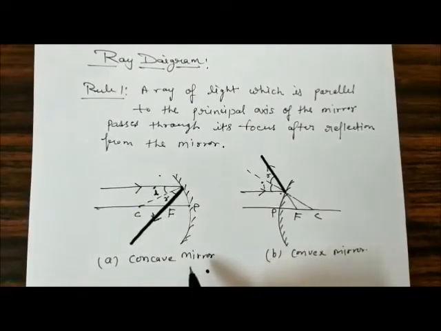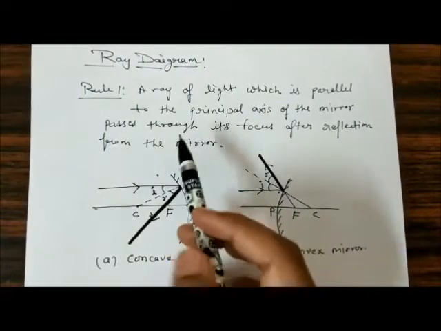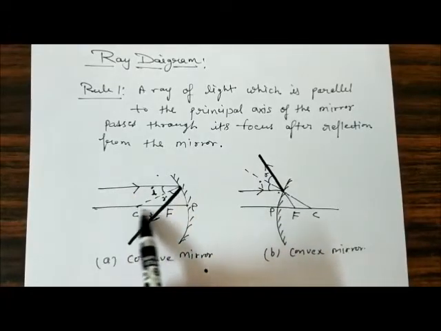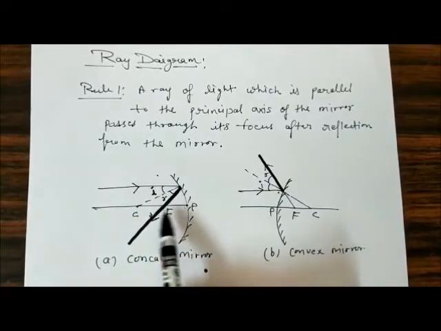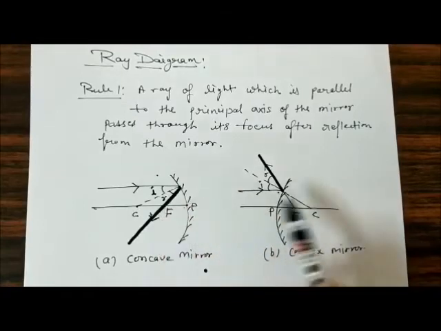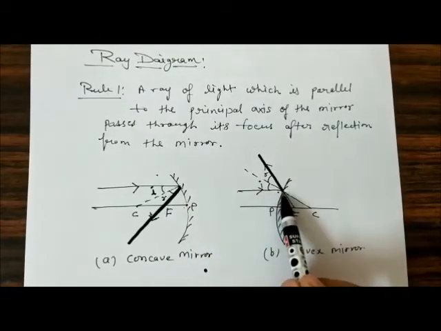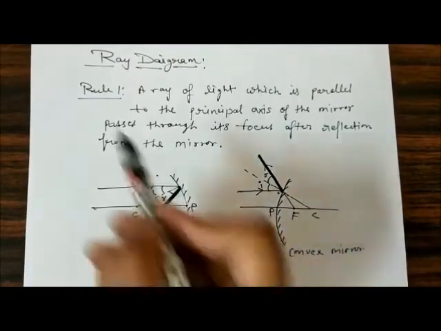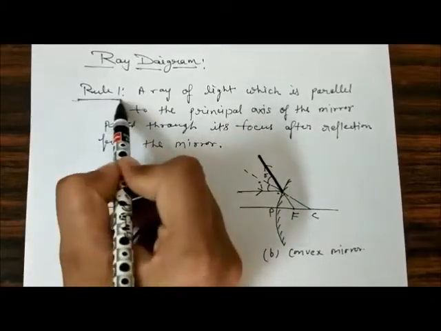So it can be clearly seen that the ray of light which is parallel to the principal axis of the mirror passes through its focus, and this is the first rule for the ray diagram.